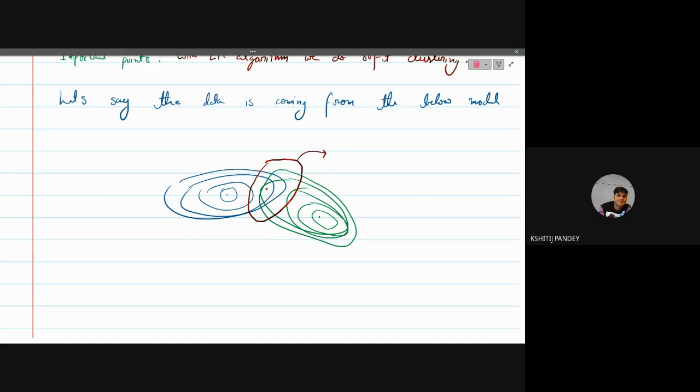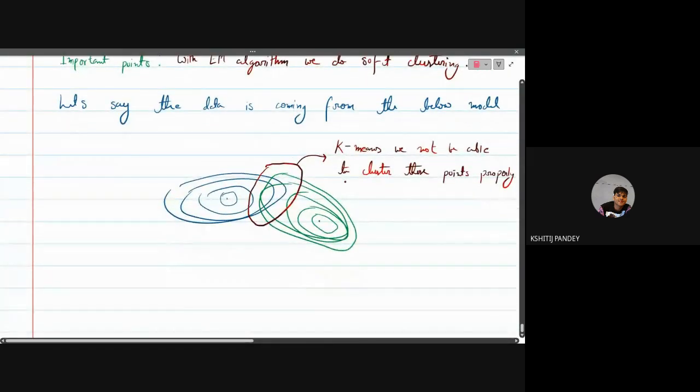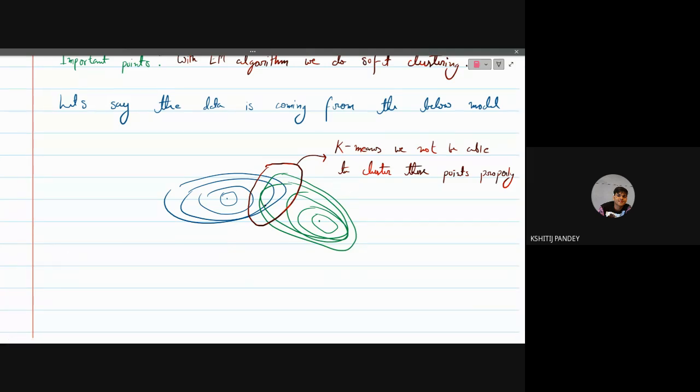Your k-means will not be able to cluster the points properly. But as you are using variance in your EM algorithm, it will be able to cluster the points of these regions properly.